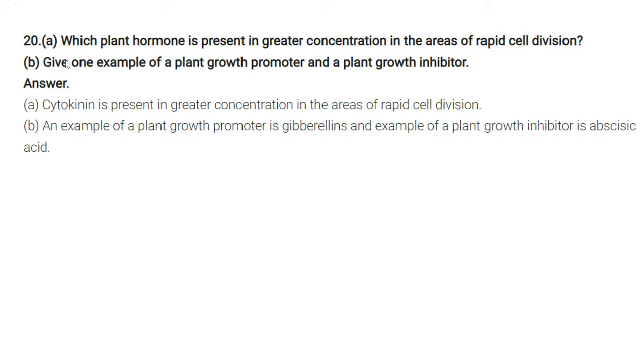One function of this auxin is to cause cell elongation. The redistribution causes the cells on the shaded side to elongate more than those on the side with the light shining on them. This causes the shoot to bend towards the light.